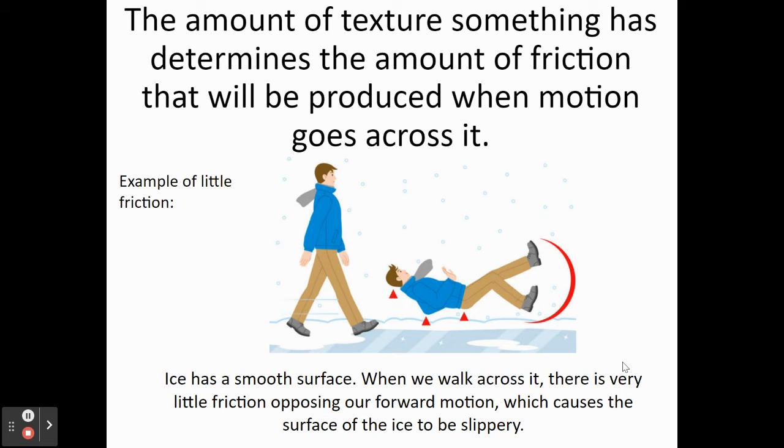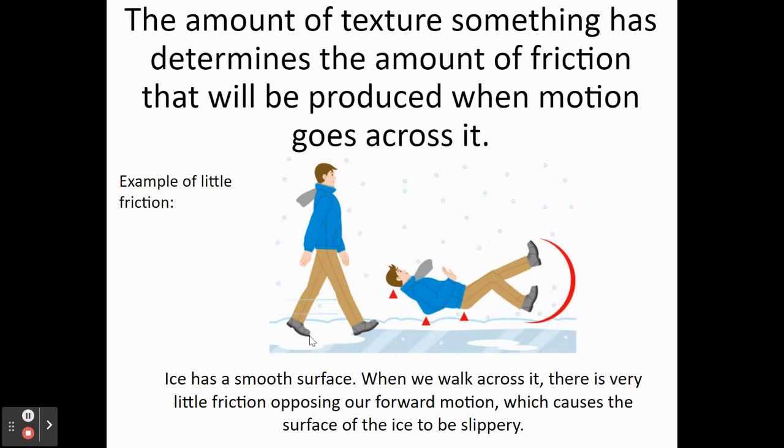Here's an example. When we see this guy crossing over the ice, we see there's very little friction as he walks. That's because ice has a smooth surface. When we walk across it, there is very little friction that opposes our forward motion.